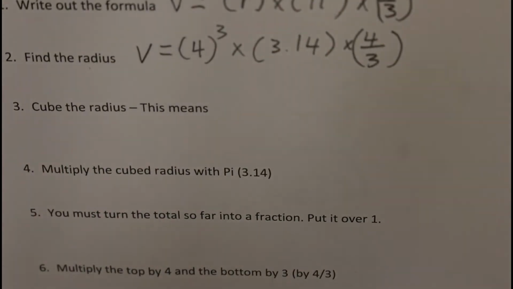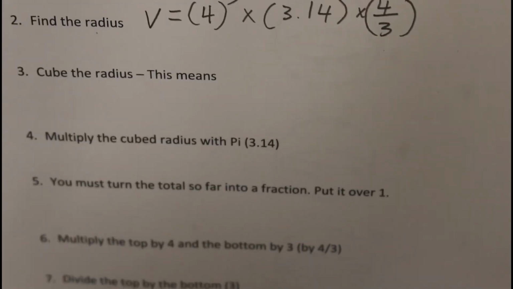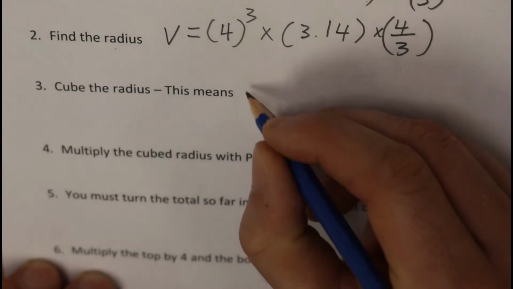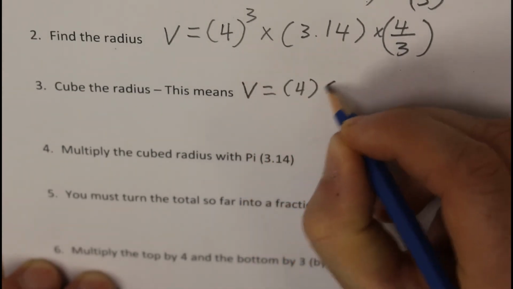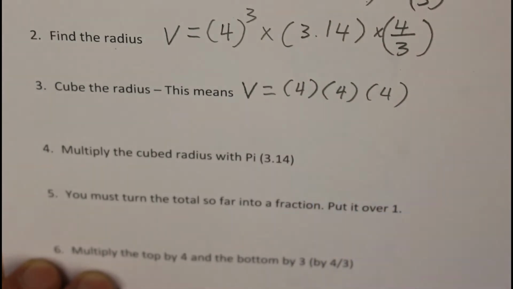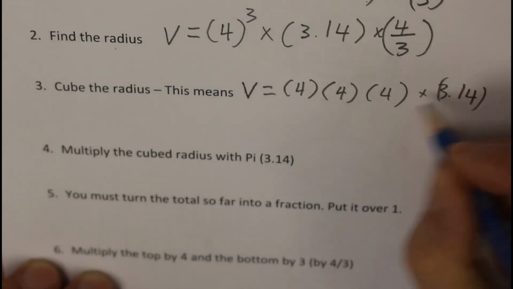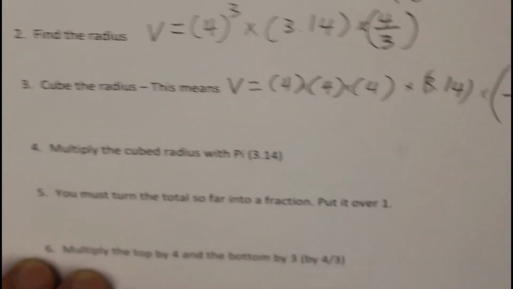So the radius is going to be 4 times 4 times 4, not 4 times 3. So I'm just going to write this all out. So 4 times 4 times 4, and then all the other stuff, times 3.14 times 4 over 3.